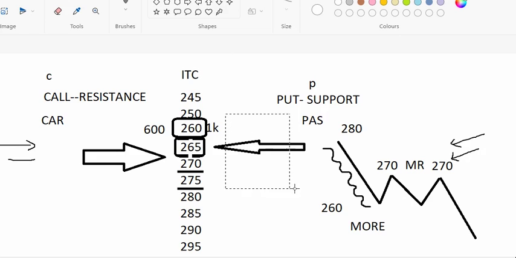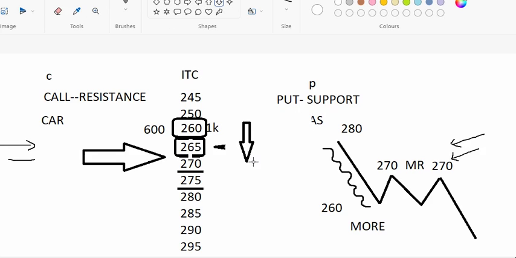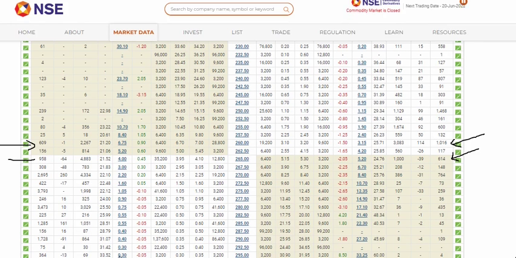The support will win, and it will push the price back again on the higher side towards 261, 262, 263, 264, and 265. So when the price is moving away from 260 towards 265, what are the chances again?